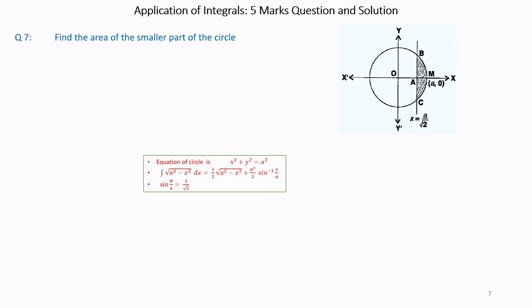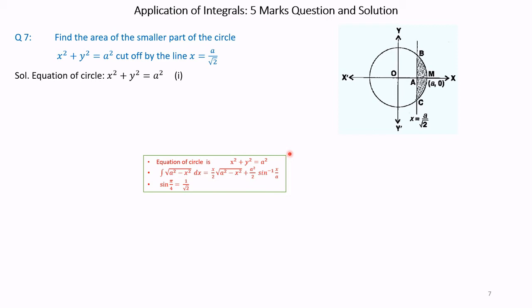Find the area of the smaller part of the circle. See here, this is the smaller part of the circle given by the equation x square plus y square is equal to a square, cut off by the line x is equal to a divided by square root of 2.